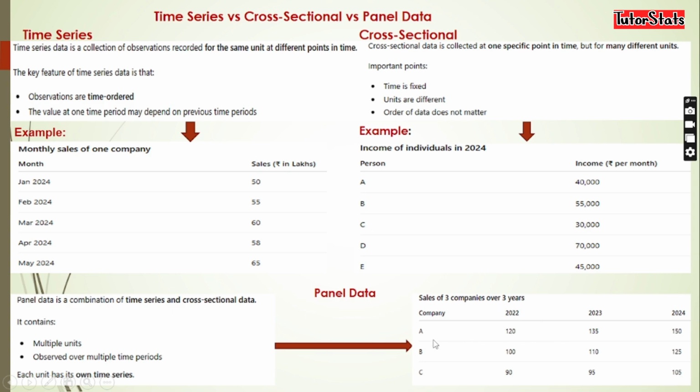Here we have company ABC, with sales data for 2022, then 2023 and 2024. Each company has its own time series. So this data has time series nature and cross-sectional nature. That's why we call it panel data. So it's the combination of both, as I said, and that is why it is known as the panel dataset.